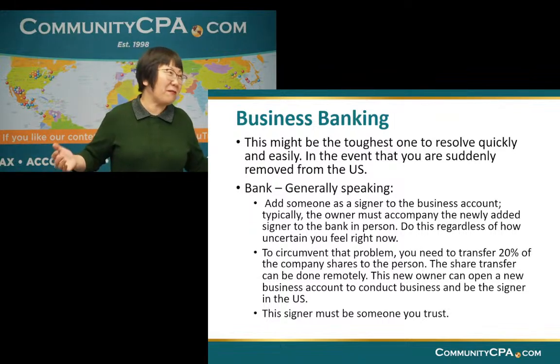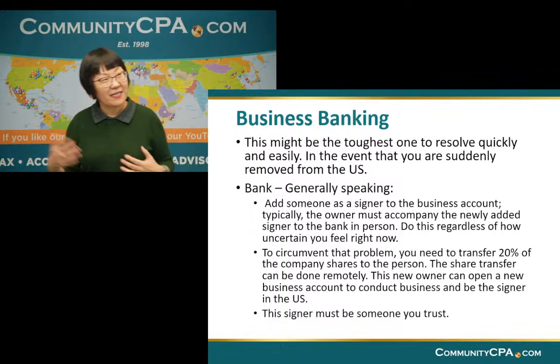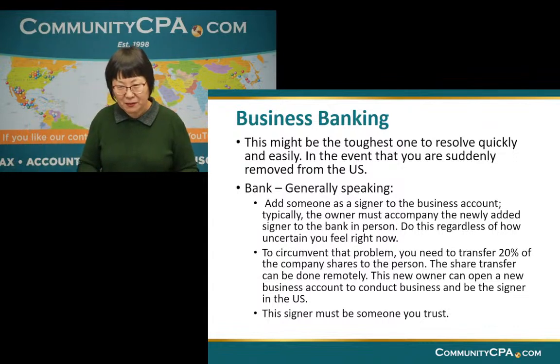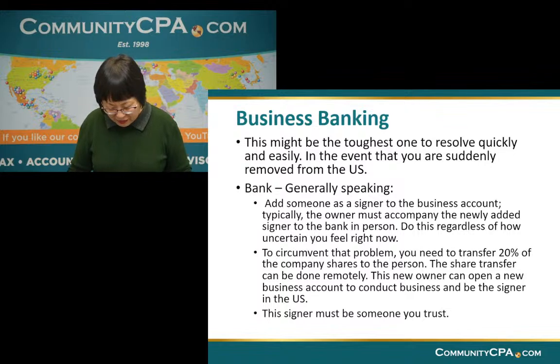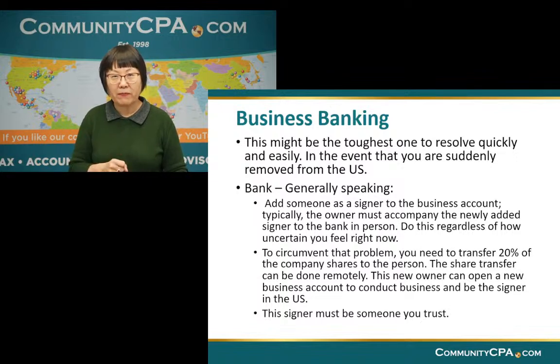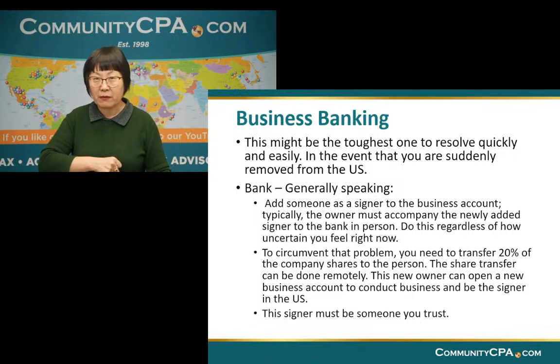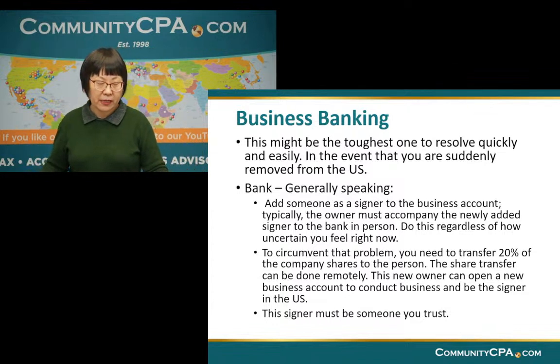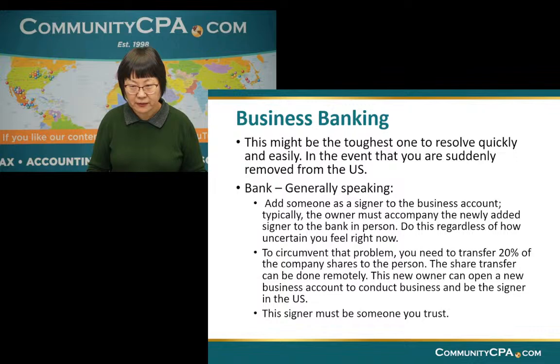How many times has somebody assigned a signer to the account, then circumstances changed, they don't trust each other anymore, and it has become a nightmare? But in any case, as long as you have the ownership of the company and you can assign 20% to somebody else, that person can access your bank.